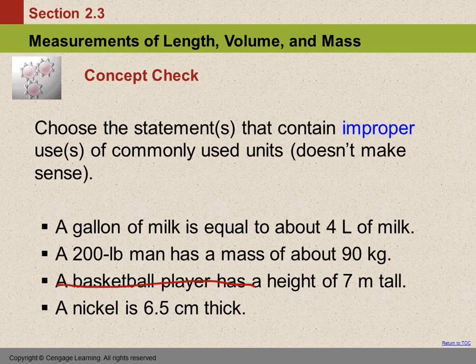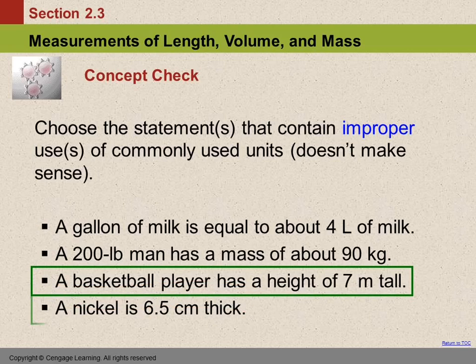An inch is 2.54 centimeters, so a centimeter is a little less than half an inch. But is a nickel 6.5 of those? No. Okay, so it's very helpful to have a clue about how big these metric units are. That one's silly and that one's silly.